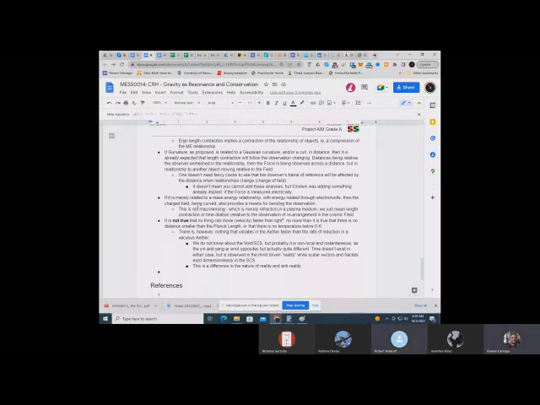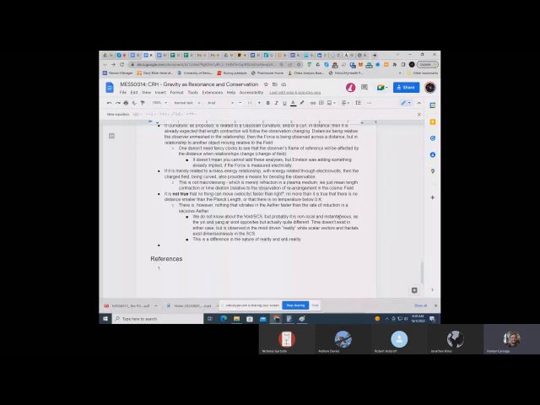If it is not true that nothing can move faster than light, no more than it's true that there's no distance smaller than the Planck length, no temperature below 0 K. There is, however, nothing that vibrates in the ether faster than the rate of induction in the vacuous ether. Well, I must have been tripping when I wrote that. Okay, we do not know about the void. It's probably non-local, instantaneous. Yin and yang are not opposites, but actually quite different.